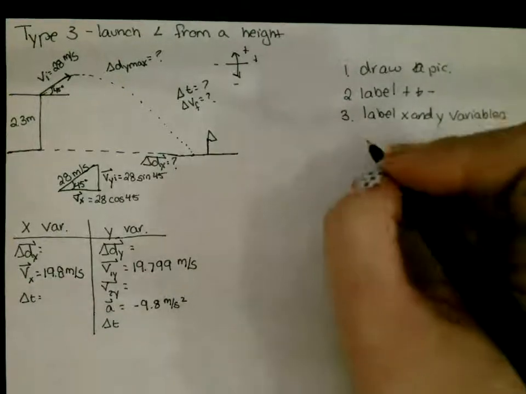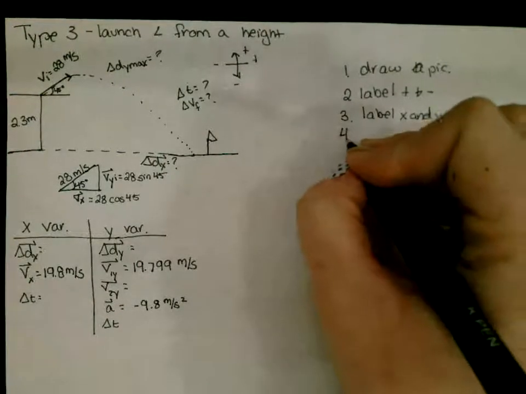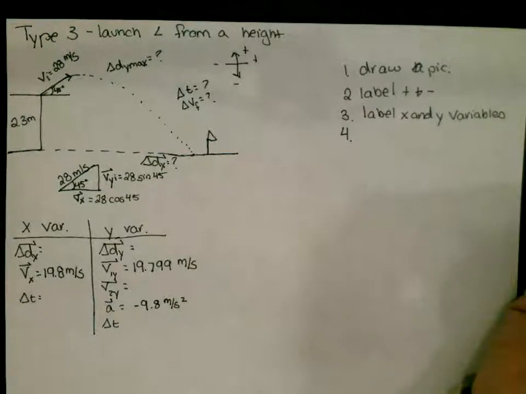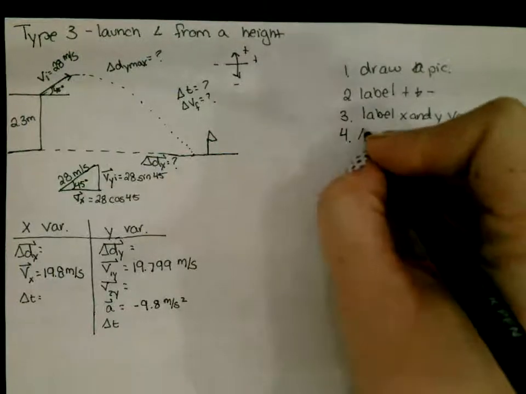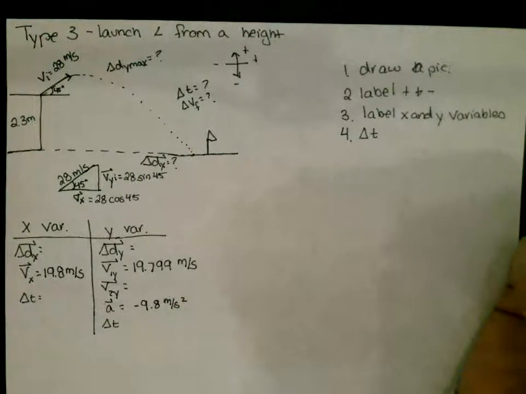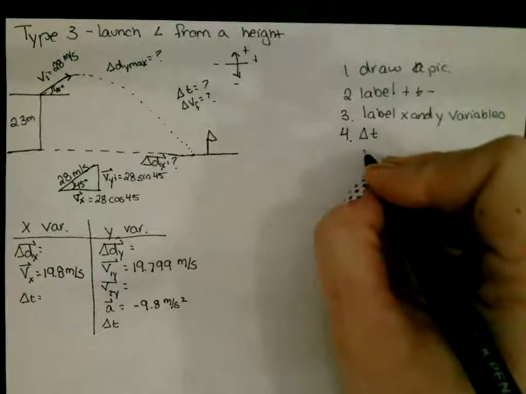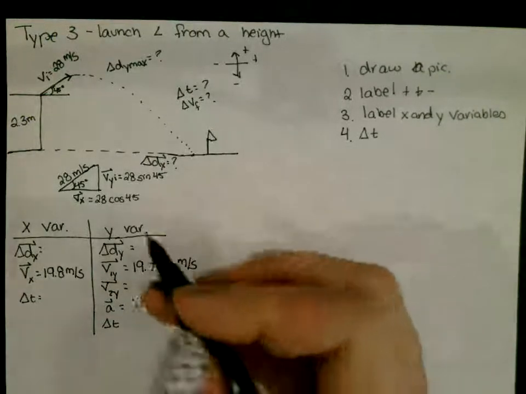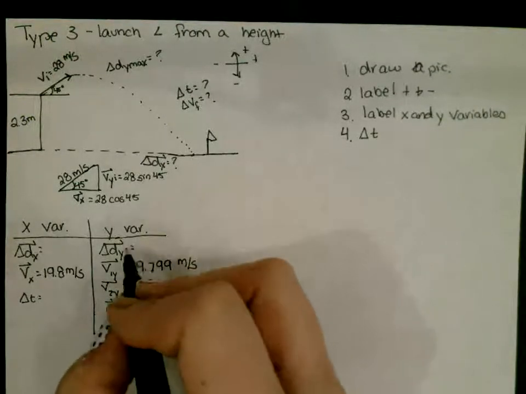All right, step number 4 is always to find that change in time, that elusive change in time. We've got everything we need. Oh, I forgot to label a variable, sorry.